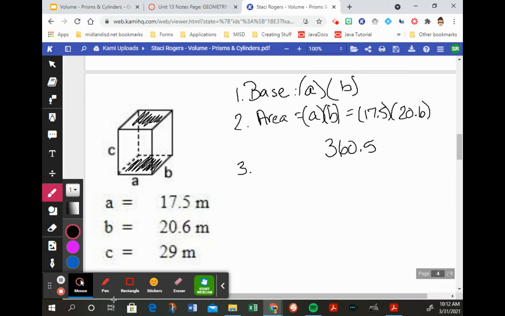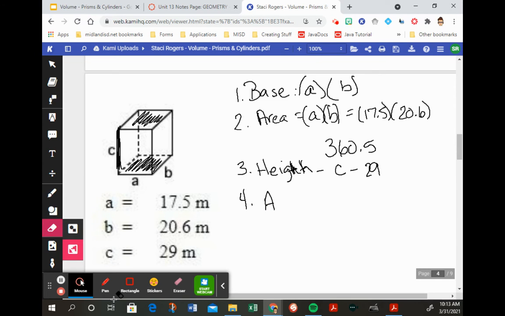So number three, the height. It's C, because it's how high, how tall the prism is, and that is 29 meters. Then step 4, multiply the area, big B, times the height.